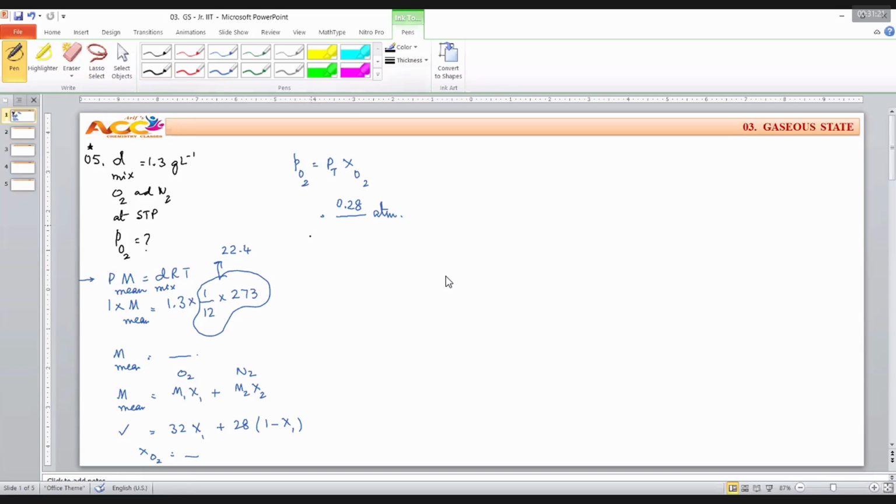Shall I proceed? Question number 6. A jar contains a gas and a few drops of water, at 80 kelvins. The pressure in the jar is 830 millimeter of Hg.